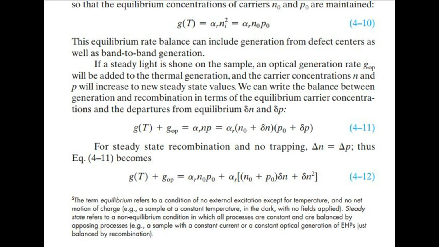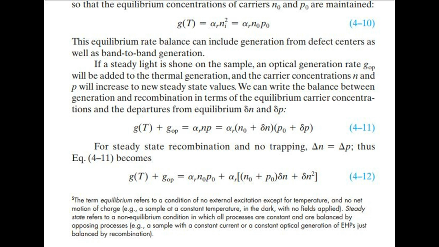For steady-state recombination and no trapping, δn equals δp, thus Eq. 4.11 becomes the following. The term equilibrium refers to a condition of no external excitation except for temperature, and no net motion of charge, for example, a sample at a constant temperature, in the dark, with no fields applied.